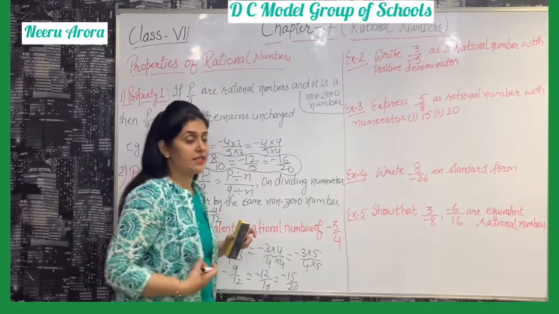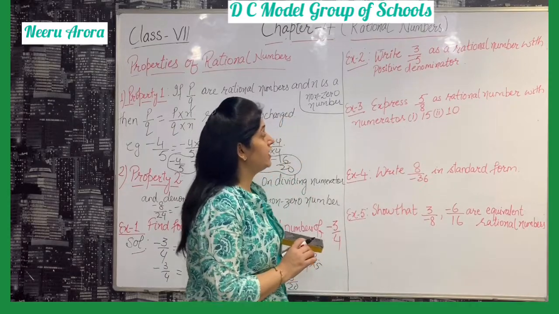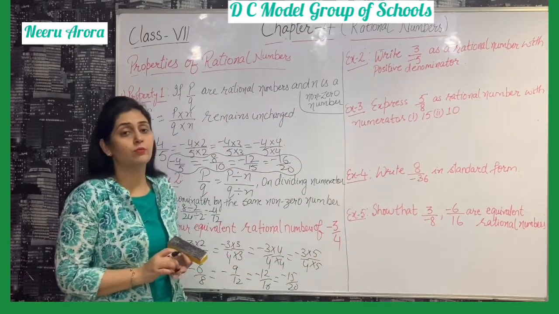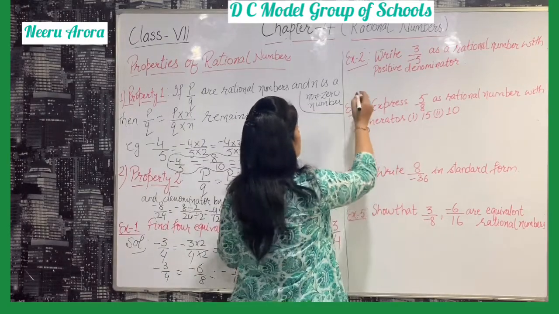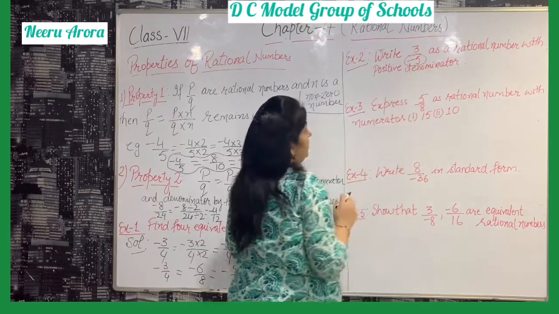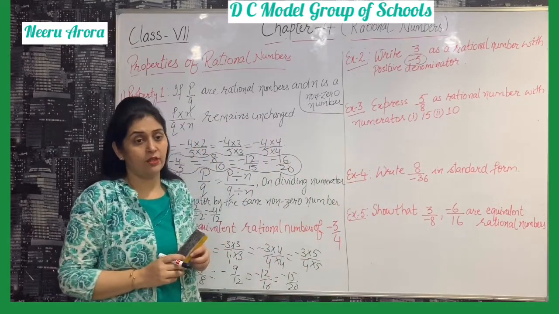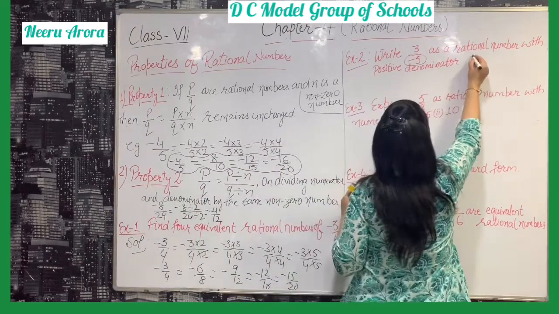Now look at the second example. Write 3 by minus 5 as a rational number with a positive denominator. So how can we convert this? Here the denominator is negative. We want to make it positive. How can we make it positive?